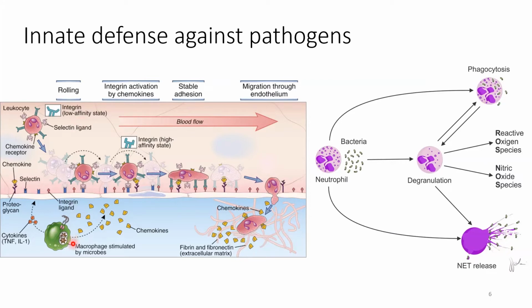But once we have an infection, there is a macrophage localized at the site where the bacteria get into our body. The macrophage phagocytoses and then secretes a number of cytokines, in particular TNF and interleukin-1, leading to vasodilation and stimulating the expression of ligands and molecules on the endothelial cells.